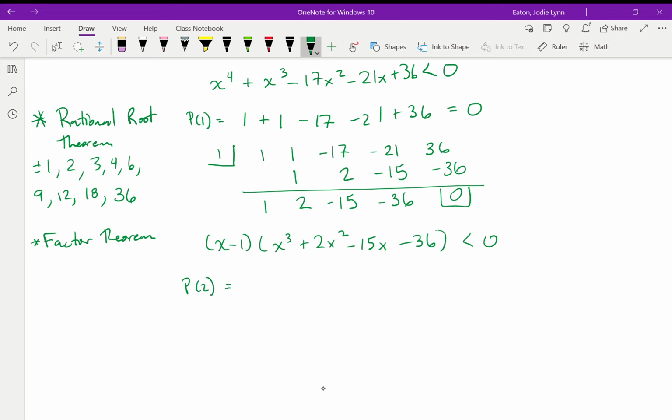So p of 2, usually you can kind of tell when you're looking at it, is 8 plus 8. And now I'm going to use this cubic because it's a little bit less to do. 8 plus 8 minus 30 minus 36.